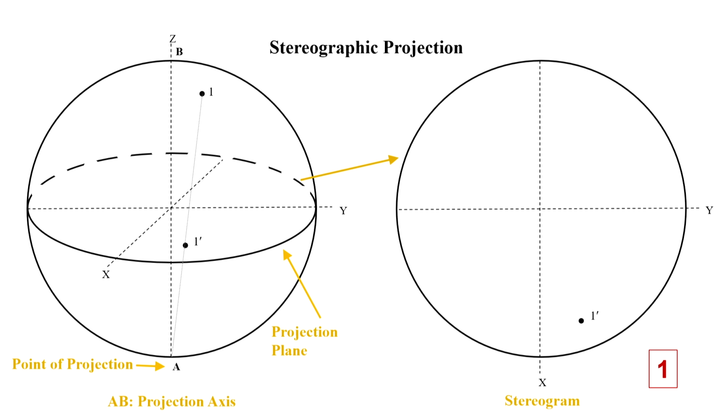But now, imagine that I have a two-fold rotation axis which is along the projection axis AB. So, what will happen?